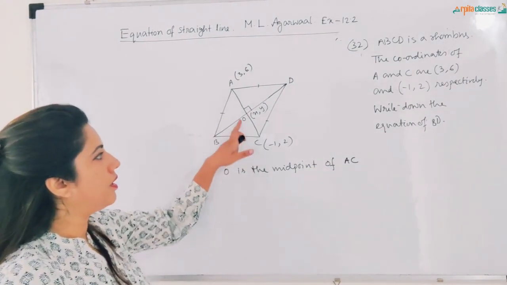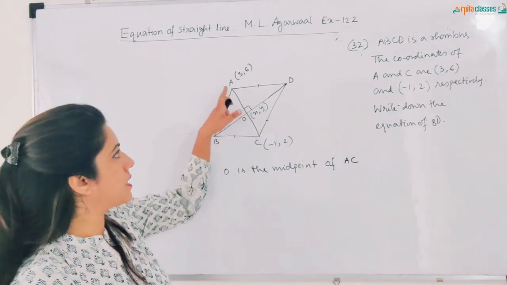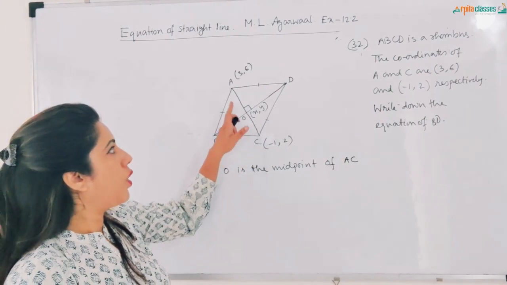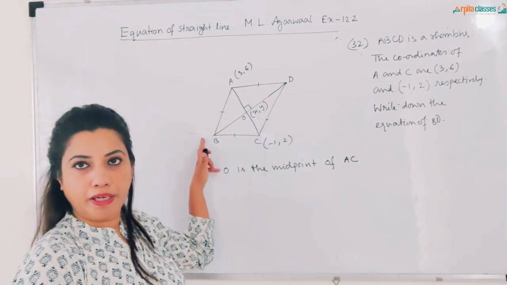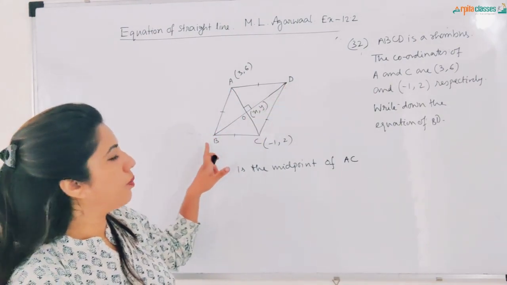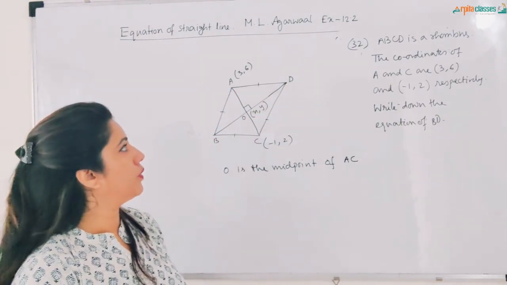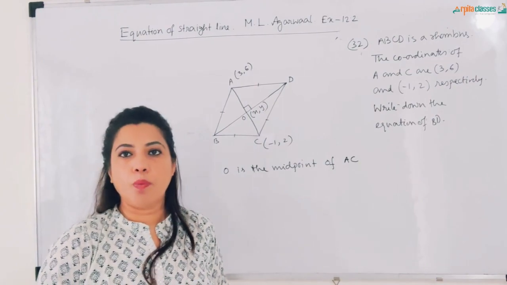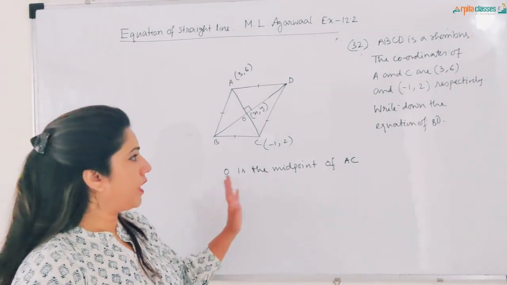So we can find out the coordinates of O. Also AC is perpendicular to BD. So we have the slope of AC, we can find out the slope of BD and then we can find out the equation of BD by the slope point form. Okay, I hope you can do this sum.